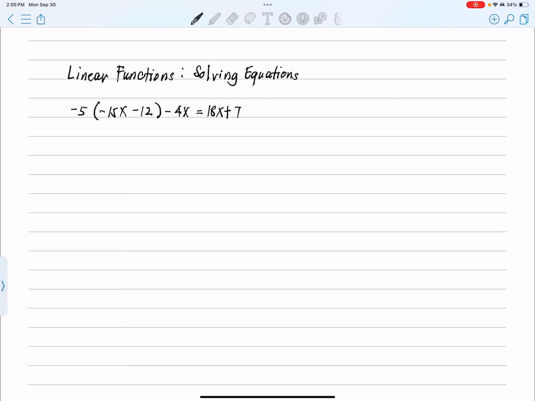So the first step is you have to simplify both sides of your equation. So I will distribute by multiplying negative 5 times negative 15x. Then negative 5 times negative 12 minus 4x equals 18x plus 7.